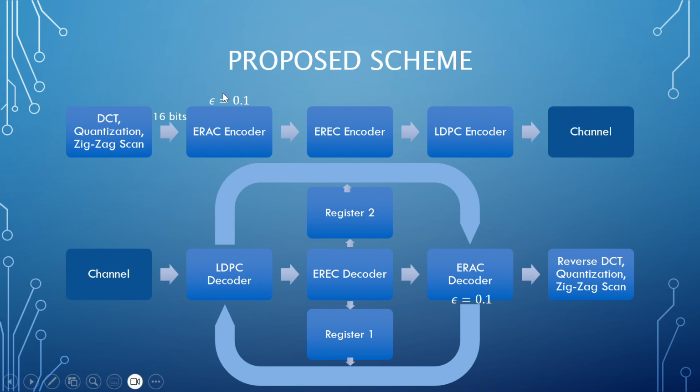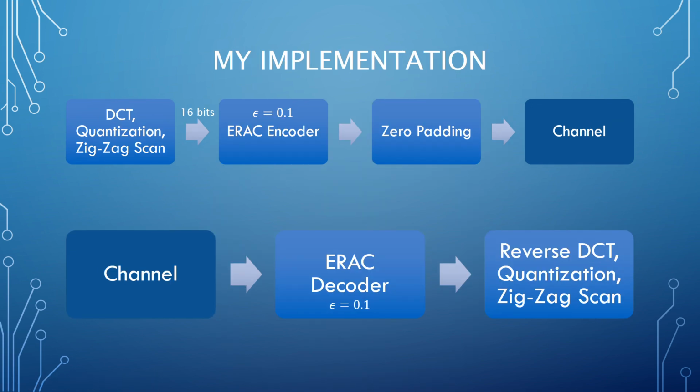They mentioned that for the ERAC, the forbidden range would have a probability of 10%, and that after the quantization and DCT, they were able to compress the image, which you'll see later on, into 16 bits per pixel. But a lot of other metrics were not included, so there was quite some flexibility in the way I decided to implement it. However, despite that, here's the picture of my implementation.